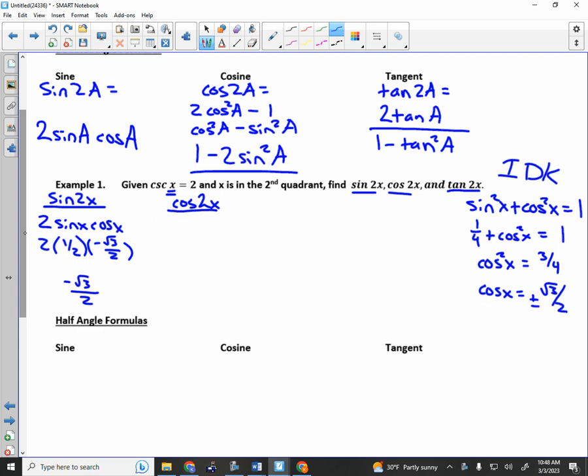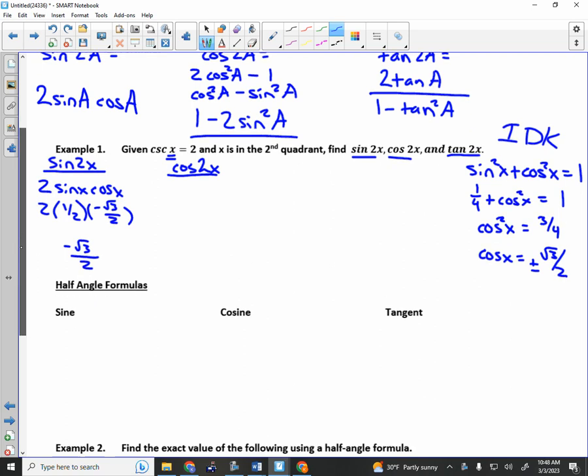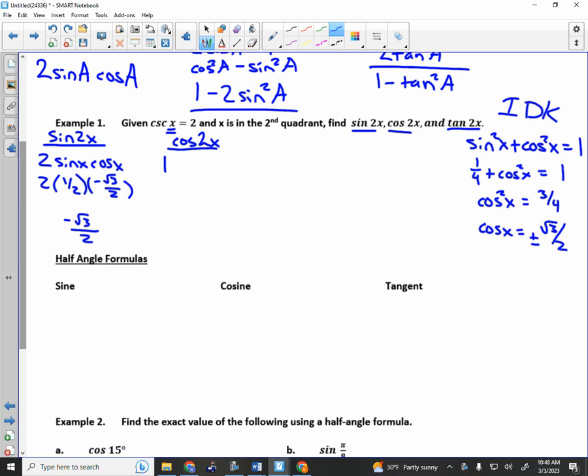You can use any one of these 3 formulas. I'm going to choose to use the bottom one. 1 minus 2 times sine squared. What do you get when you square sine?